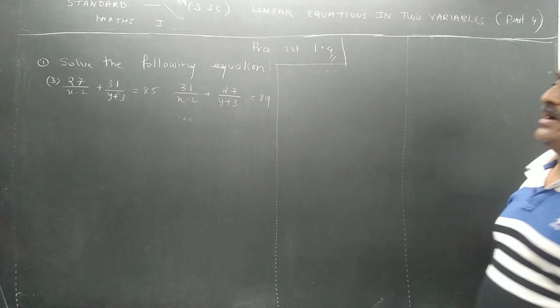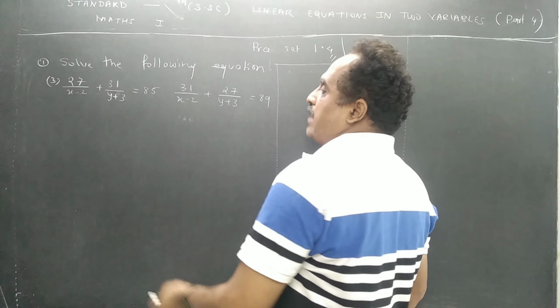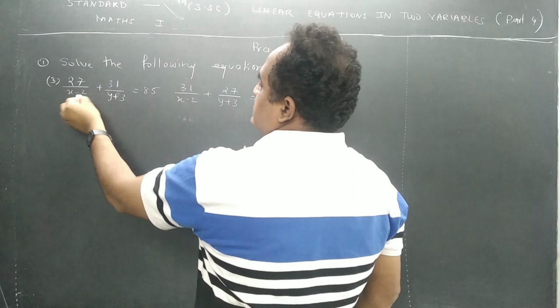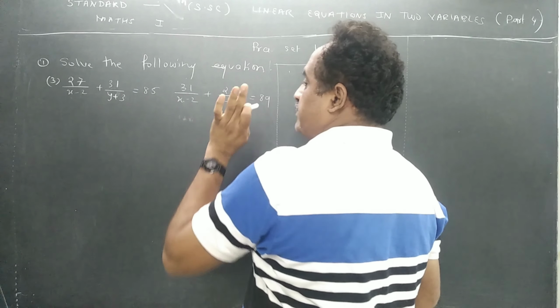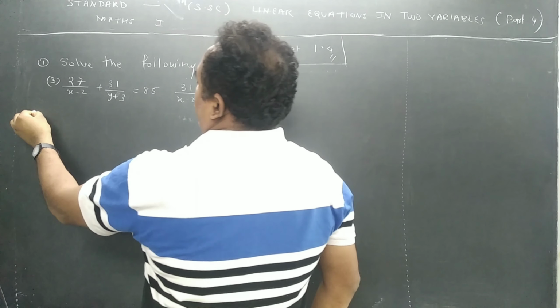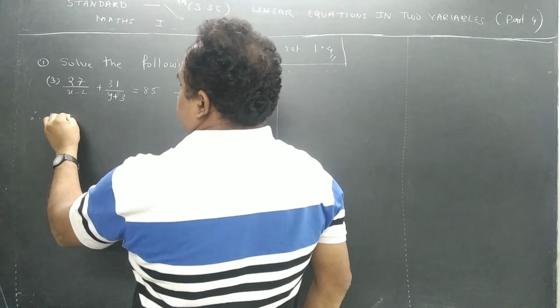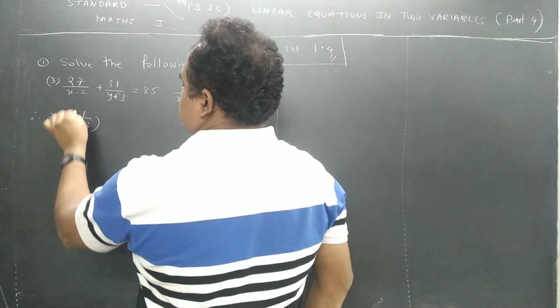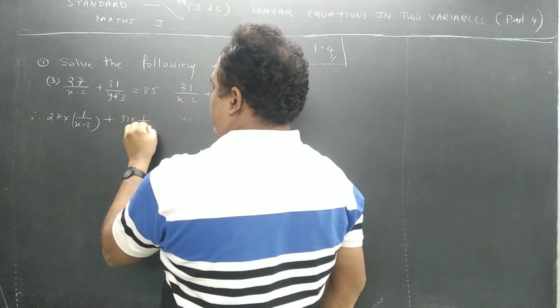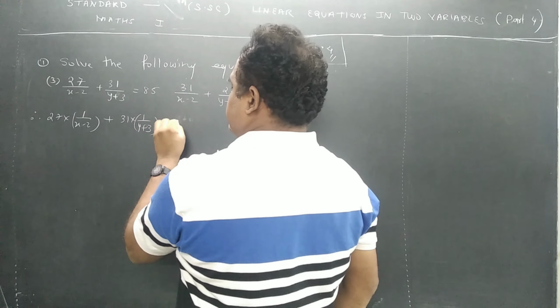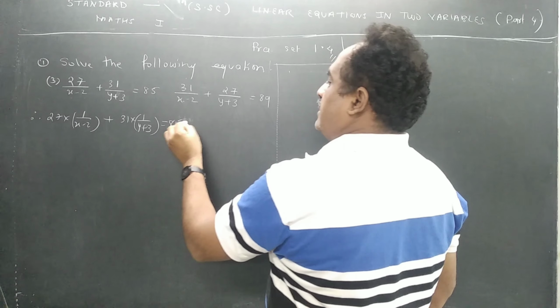Question number 27. Again, a similar type of question, but it is x minus 2. We are going to take the same because x minus 2, y plus 3, y plus 3. Therefore, what I would write? 27 into 1 upon x minus 2, 31 into 1 upon y plus 3 is equal to 85.